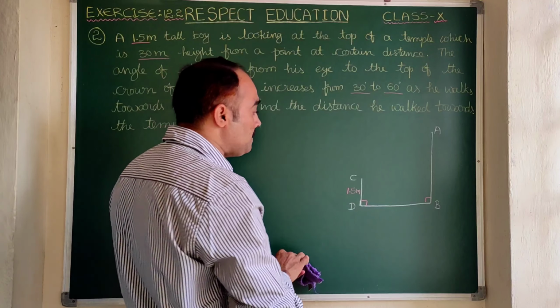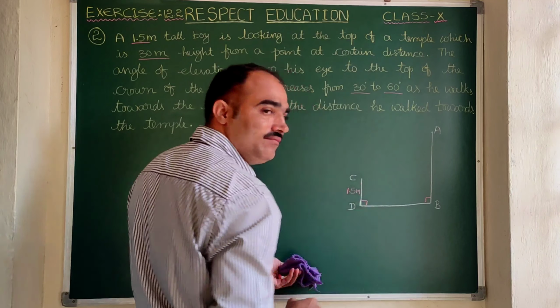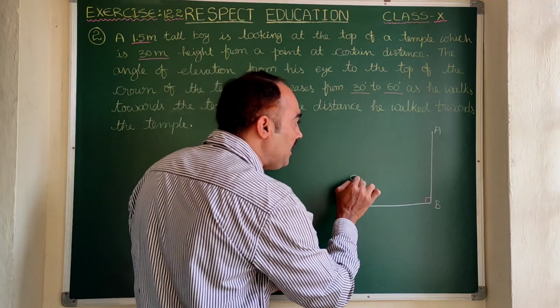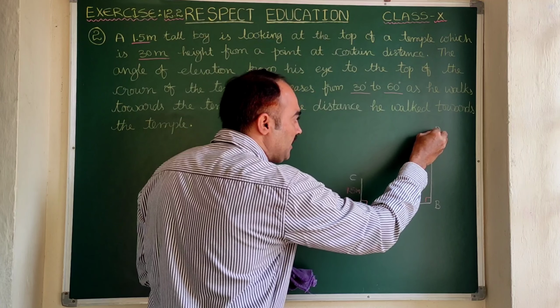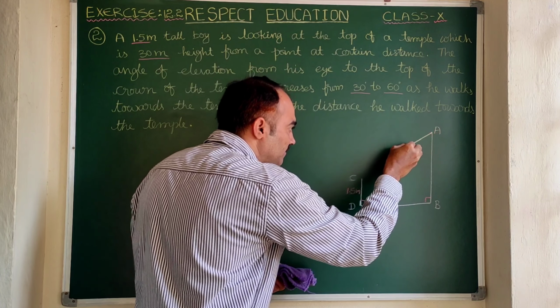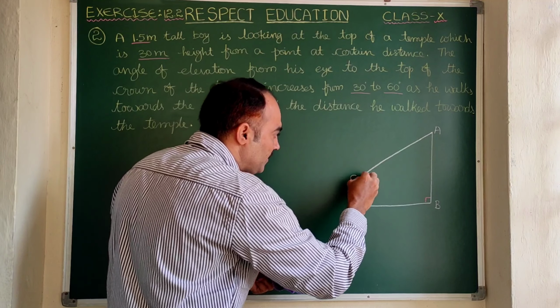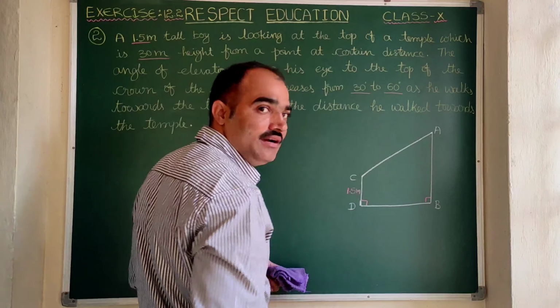Right. Now from his eye we have to draw a line. So here let us join AC.